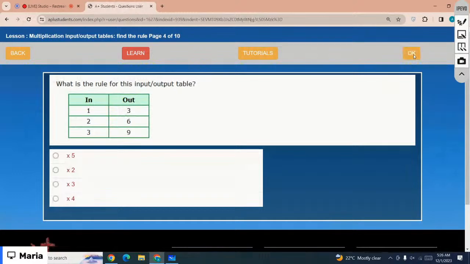Okay, what is the input rule for the input output table?